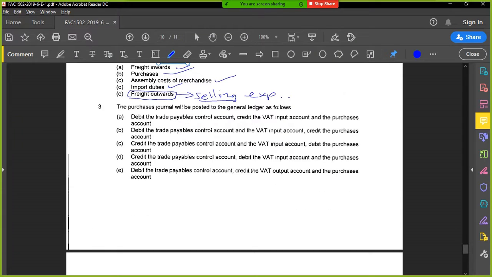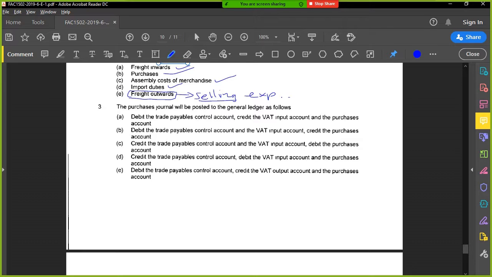Okay, the purchaser's journal will be posted to the general ledger as follows. You tell me what to do. This is basics in terms of workings, debit and credit. So choose an option. I'm just thinking with purchases, it's on credit. So you'll have debtors or creditors.